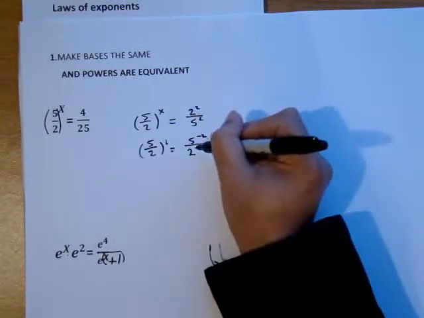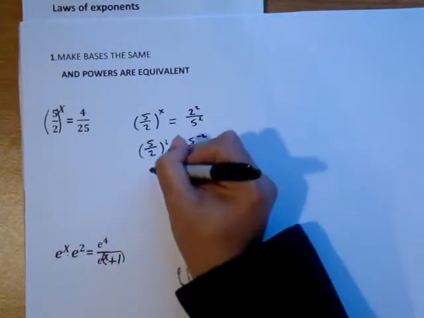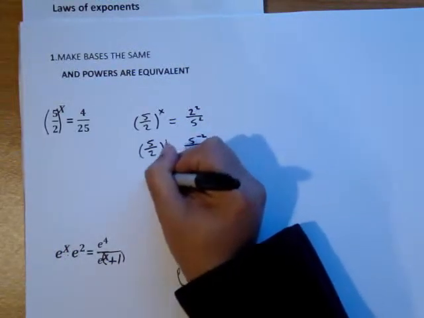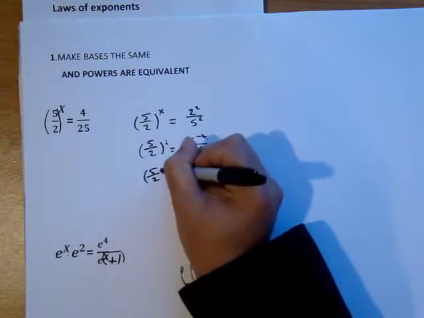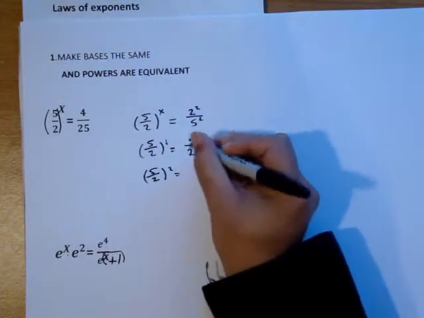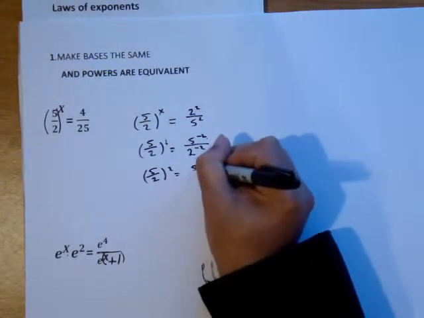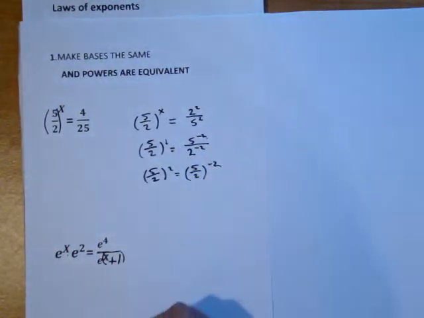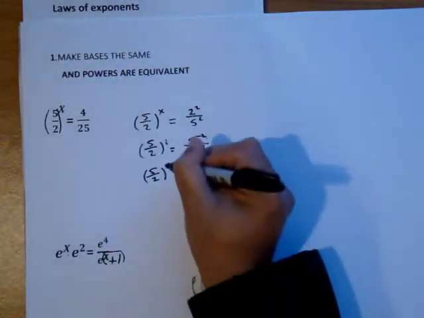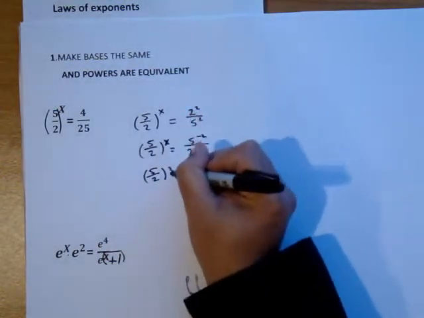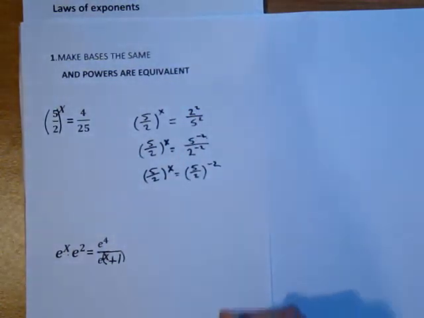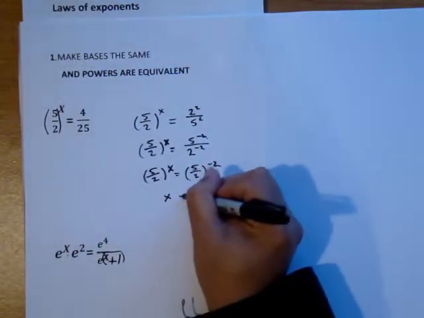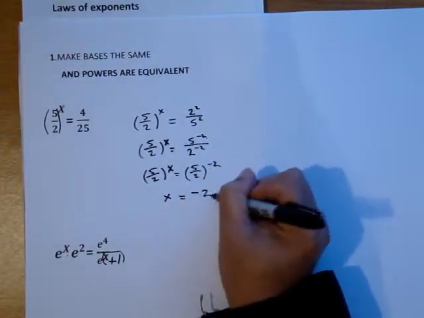Now we see that we can make these equivalent, so 5 over 2 power 2 equals 5 over 2 to the minus 2. Sorry, that should be x. Therefore x equals minus 2.